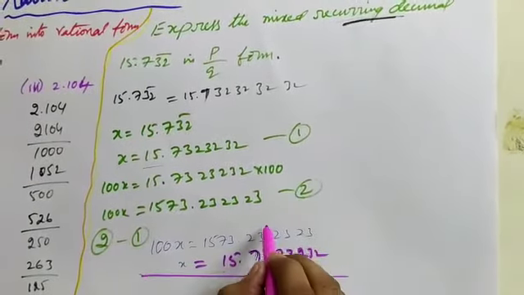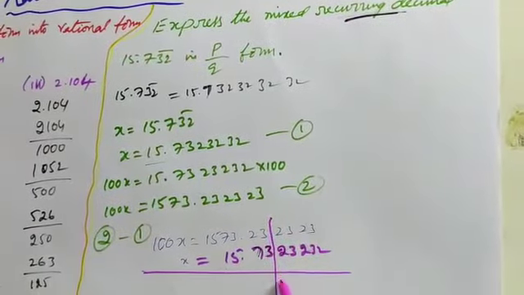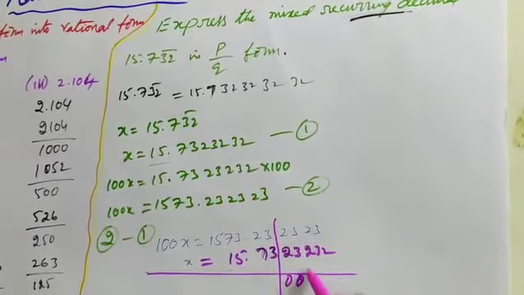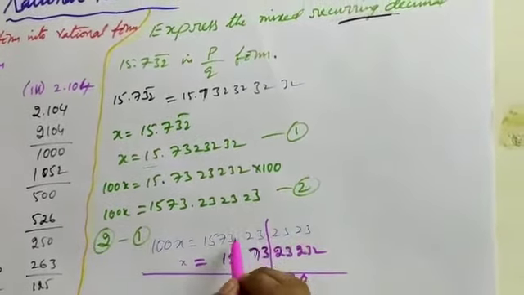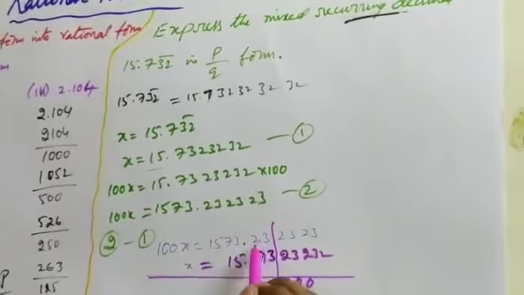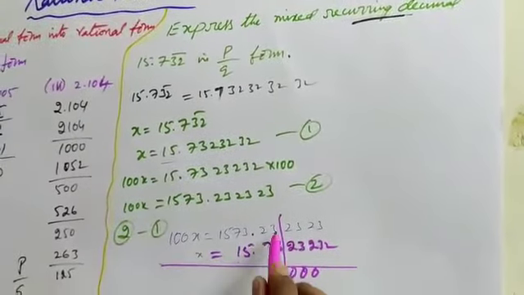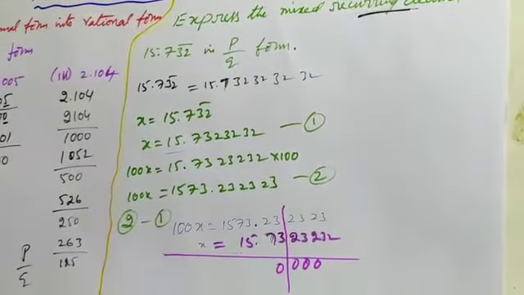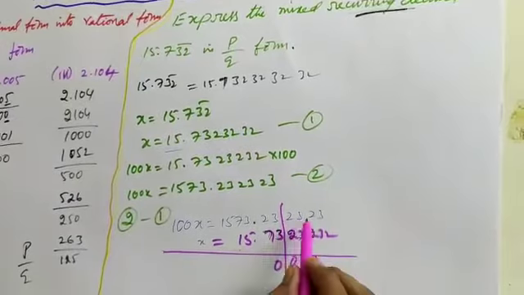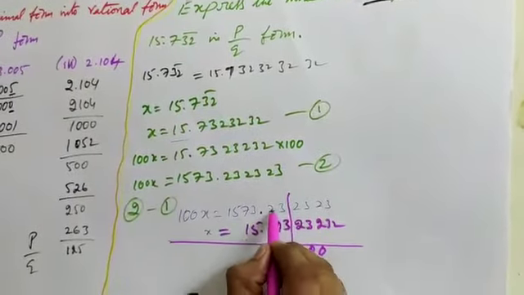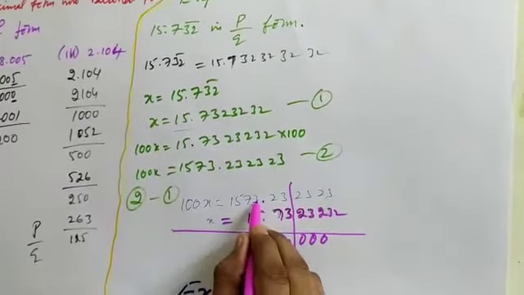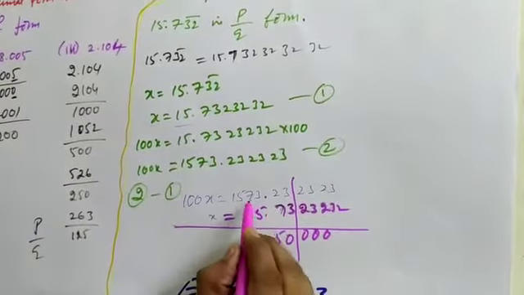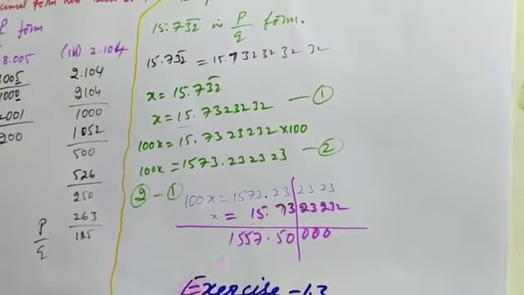Here, 2 minus 2 is 0, 3 minus 3 is 0, 2 minus 2 is 0, and so on. Like what is remaining? Borrow from 3. 12 minus 7 is 5, 7 minus 5 is 2.